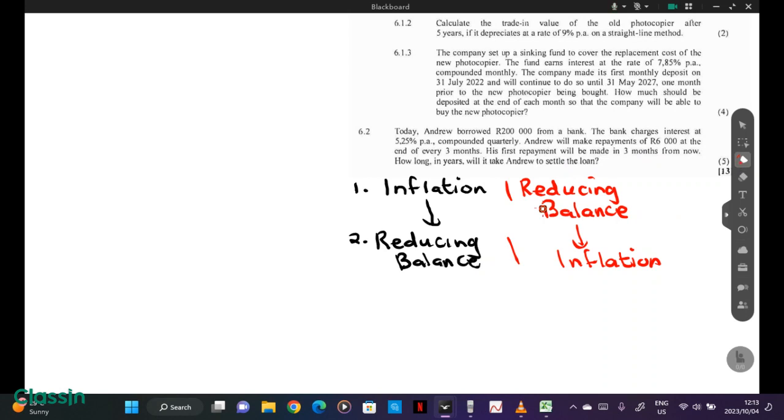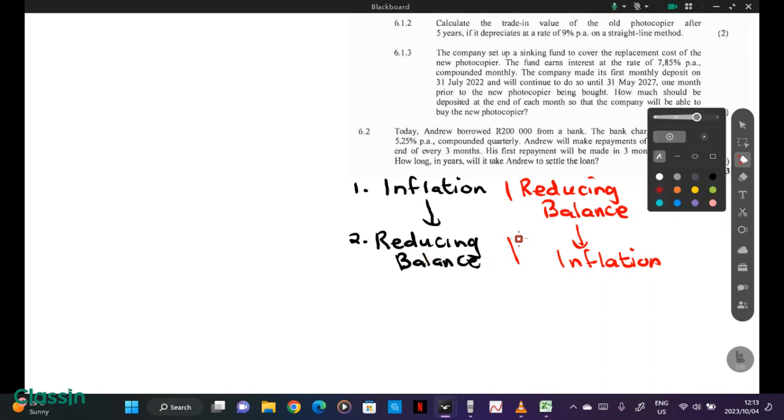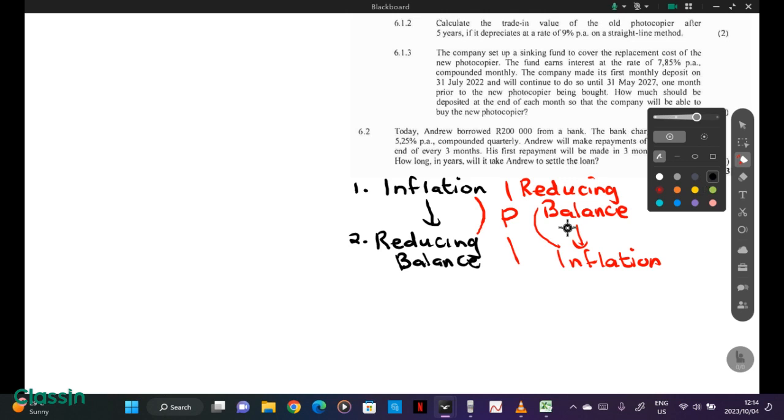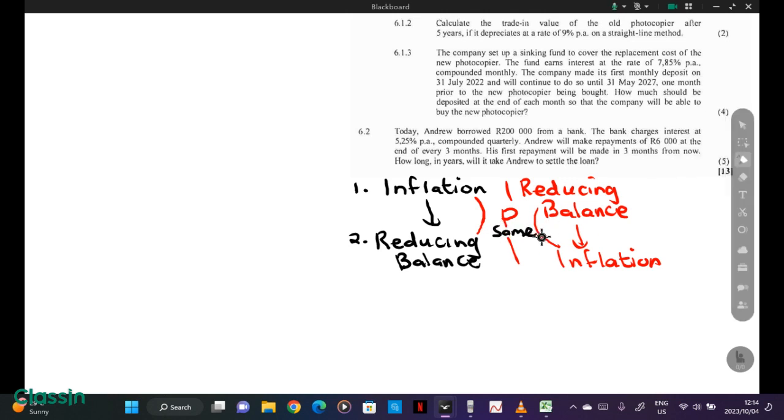But if this happens, what's the worry? For this situation, the value of P for both inflation and the reducing balance is the same.